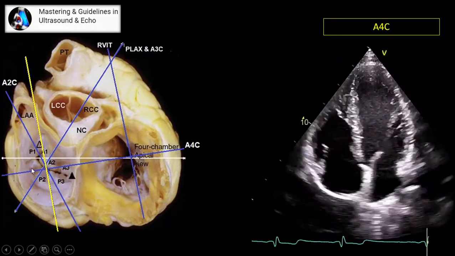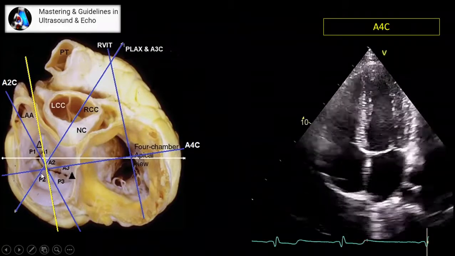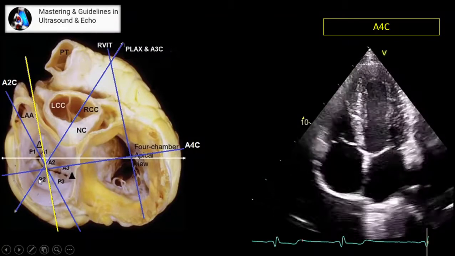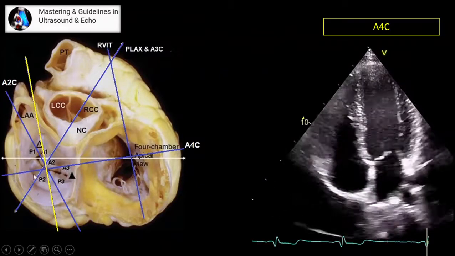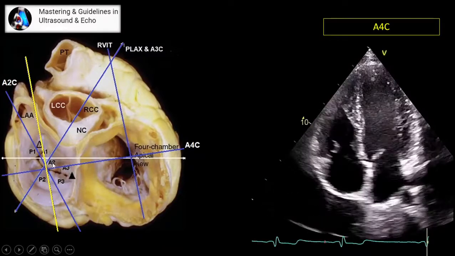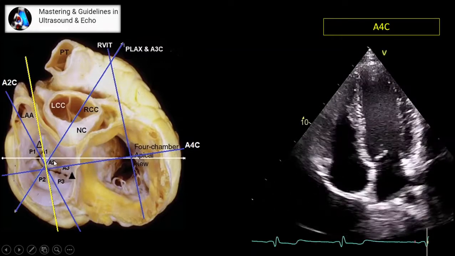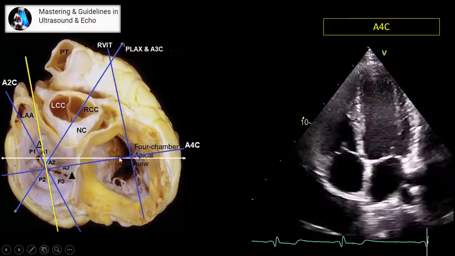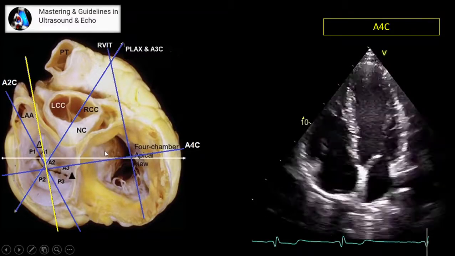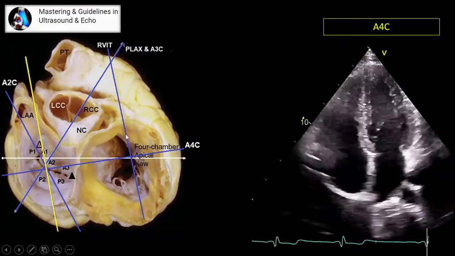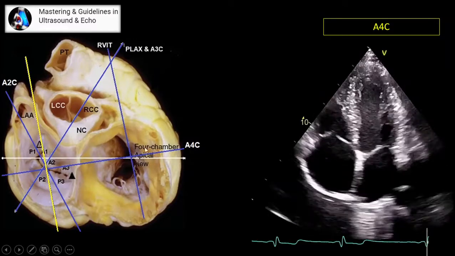So we will see here part of the posterior scallop of the mitral valve, the second anterior scallop of the mitral valve. And here we have the septal tricuspid valve leaflet, and here is the anterior tricuspid valve leaflet.